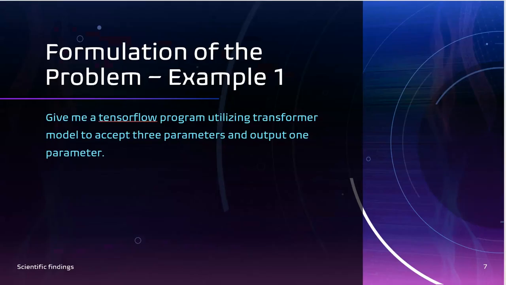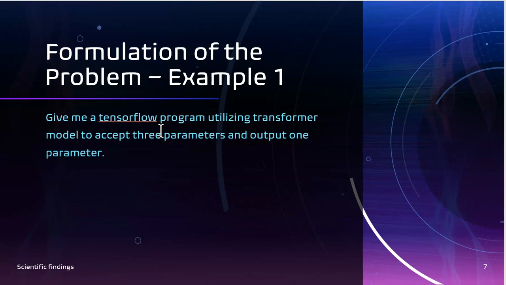So that's the formulation of the problem, and we are going to tell ChatGPT the following. Give me a TensorFlow program utilizing a transformer model to accept 3 parameters. We said 3 parameters. It could be 2, it could be 1, doesn't matter, and output 1 parameter. So we are specifying that we need TensorFlow, not some other framework.